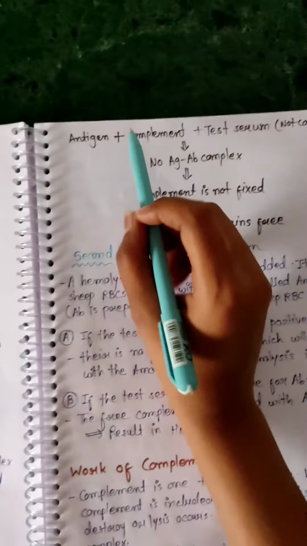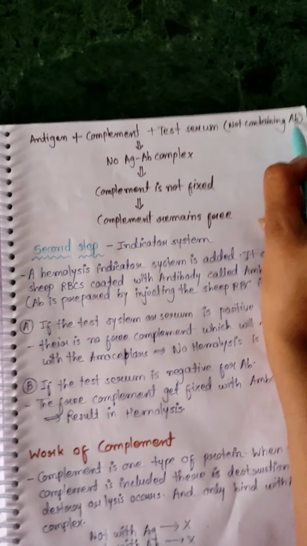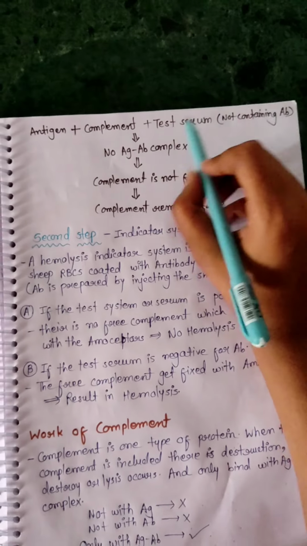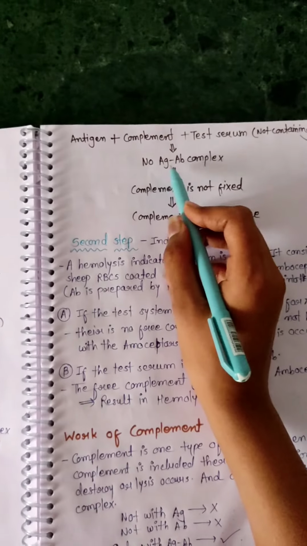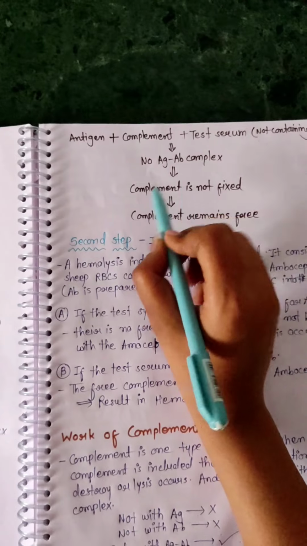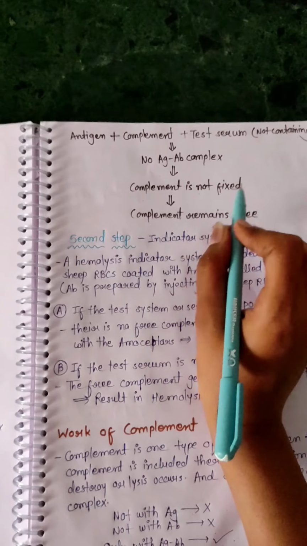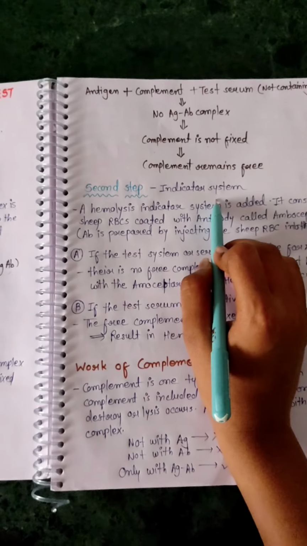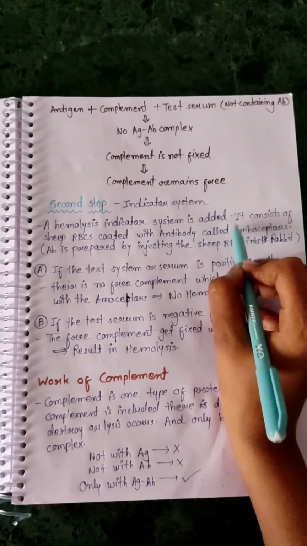It means there is antigen, complement and test serum, but the serum does not contain any antibody. So the antigen-antibody complex will not form, the complement will not fix, and the complement remains free in the tube.